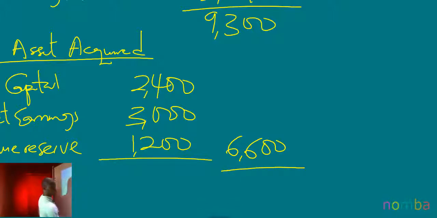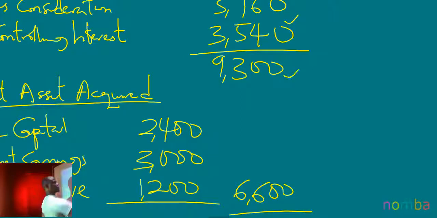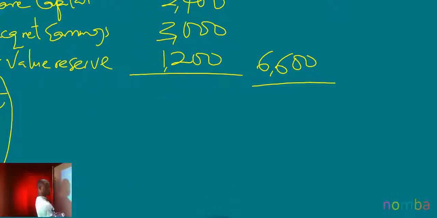So I'll compare this with the amount paid by the parent and the NCI, 9,300. 9,300 minus 6,600 gives me 2,700 as my goodwill.